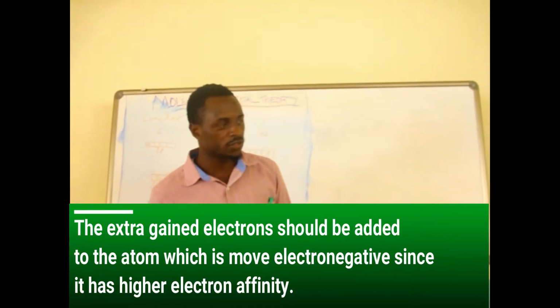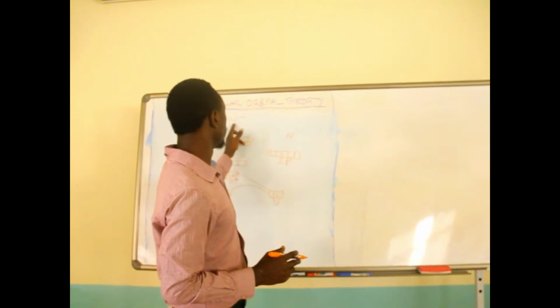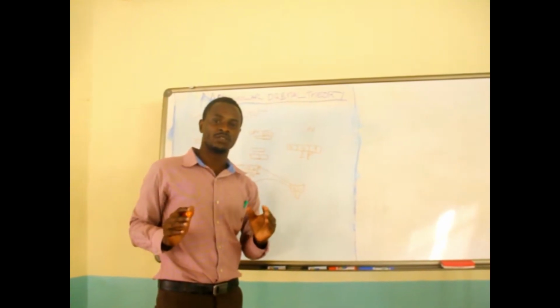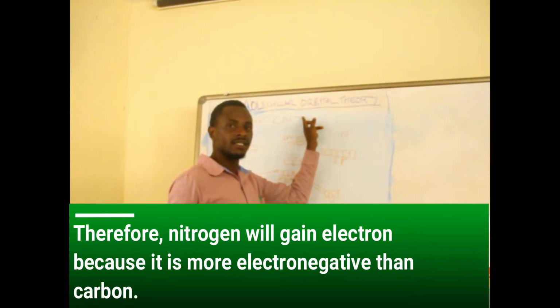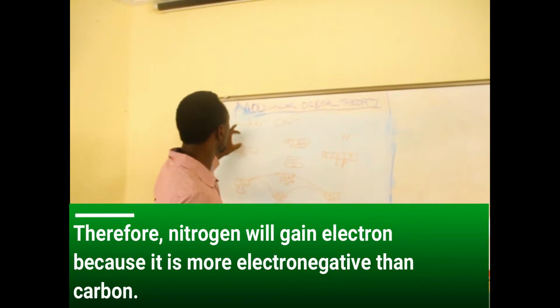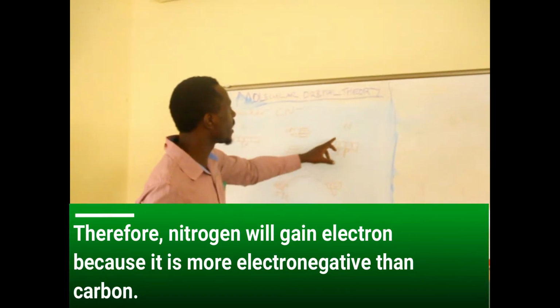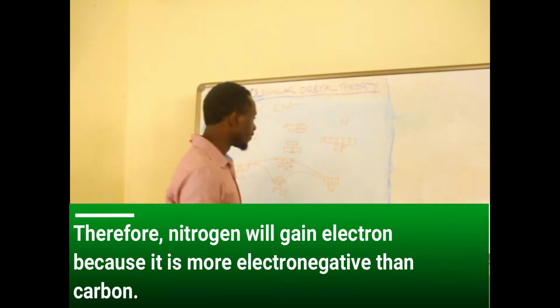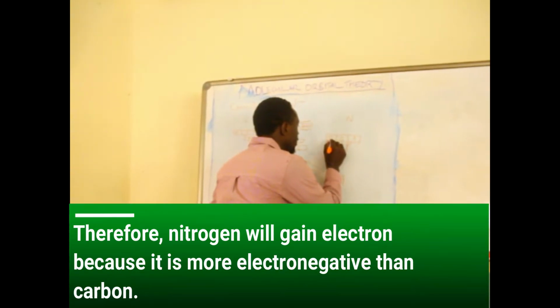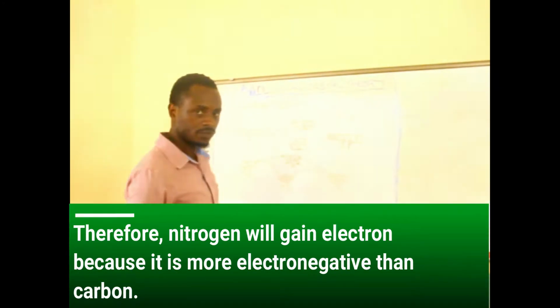In comparing carbon and nitrogen, the more electronegative atom is nitrogen. So this added electron will not be added to carbon, but instead will be added to nitrogen, since nitrogen is more electronegative. Now that electron will be placed in this way.